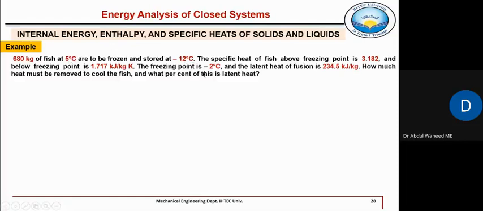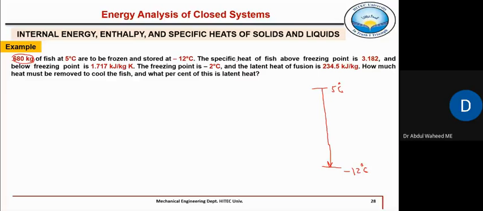Right. So let me show it. So the initial temperature is 5 degrees Celsius, of this 680 kilograms of fish, and its temperature is to be dropped till minus 12 degrees Celsius.